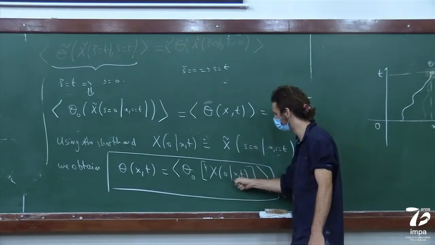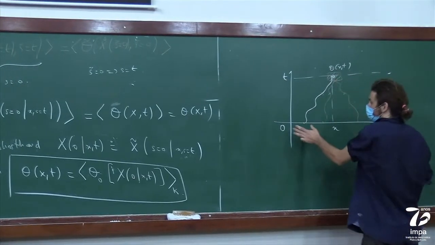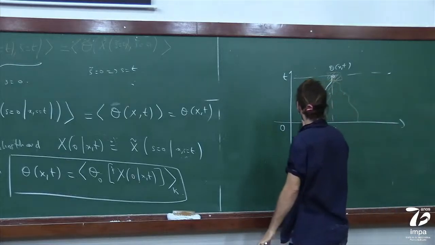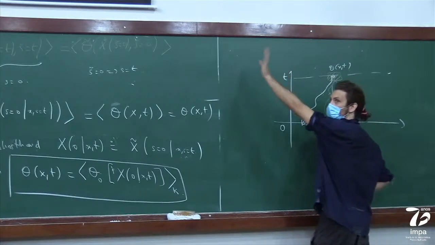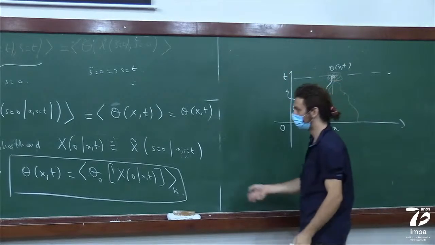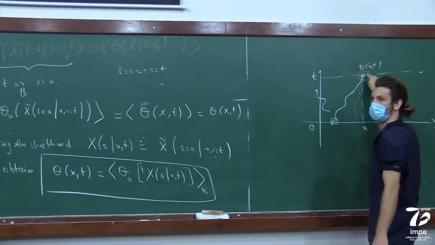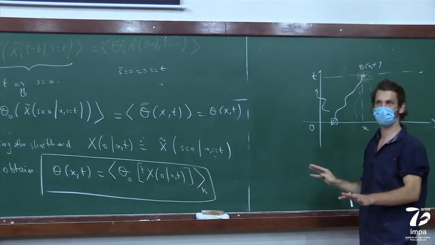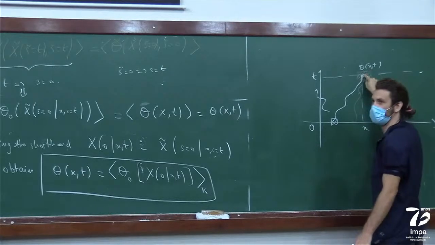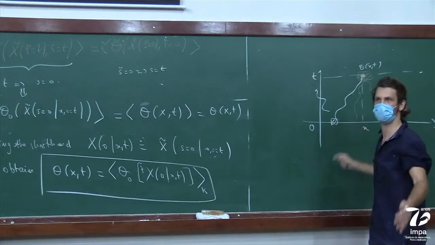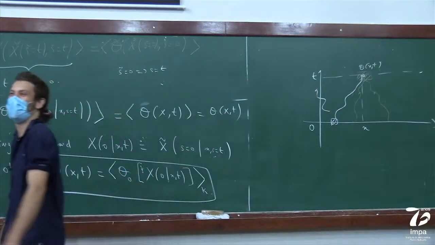We are conditioning this average on trajectories which end here. So indeed, it's possible that if you start here, it's much more likely that you are going to go on the left side. But this formula tells you that those trajectories which go on the left side and do not touch this point are unimportant. What is important is that, conditioned on the fact that I am here, I compute the average. It's a bit mind-boggling.